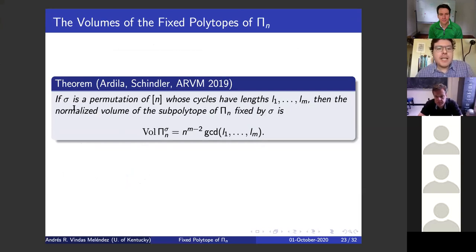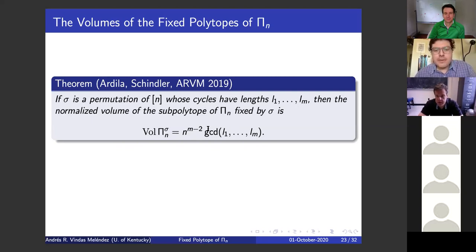If sigma is a permutation of n whose cycles have lengths L1 through Lm, then the normalized volume of this fixed polytope is n to the m minus 2 times the GCD of these lengths. I think this is very nice because it's somewhat simple. It's like a nice closed form.